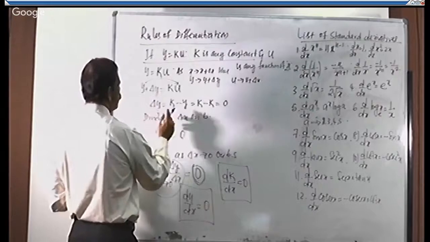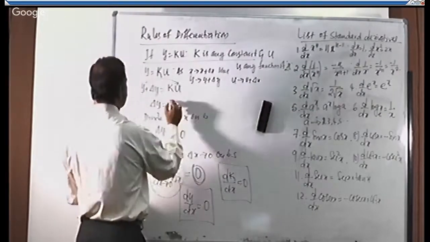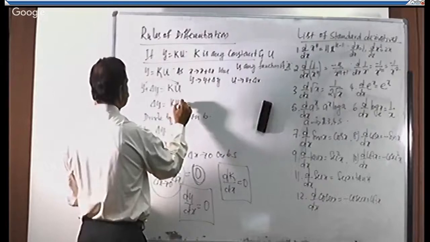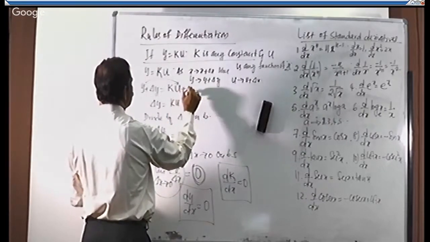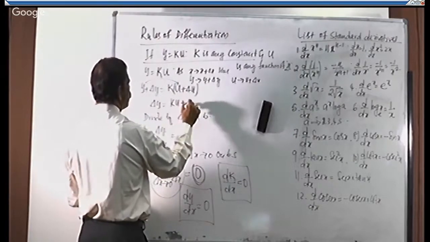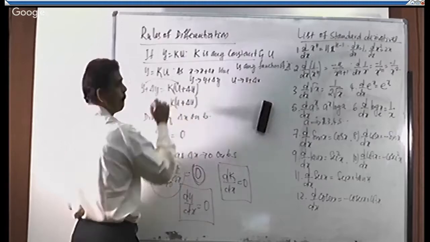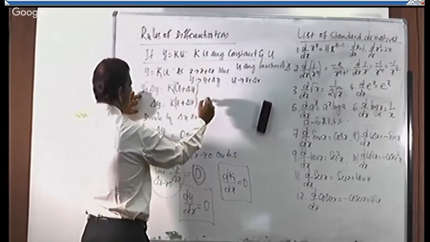Delta y becomes k into u plus delta u. Transfer this y to the right side, it becomes minus y.